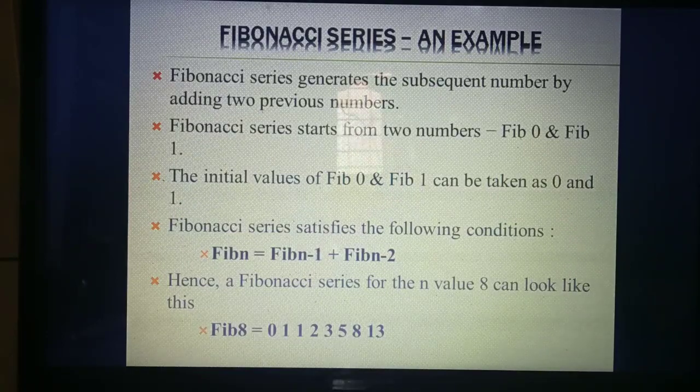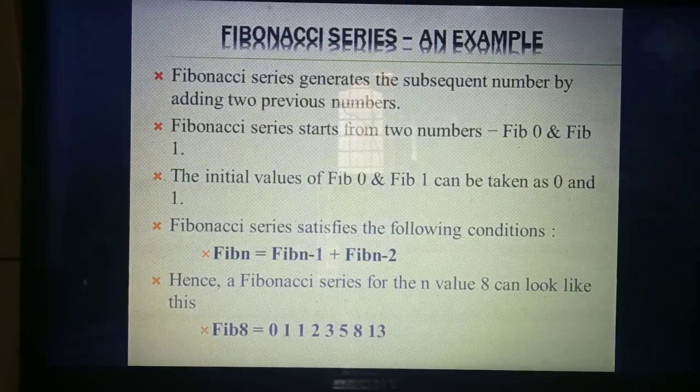So how is the Fibonacci series generated? By adding the 2 subsequent previous numbers. I have taken 2 numbers: fib of 0 and fib of 1. The initial value of fib of 0 is 0, and of fib of 1 is 1.